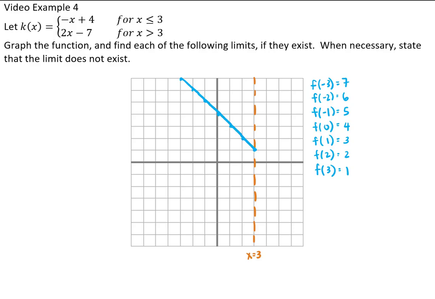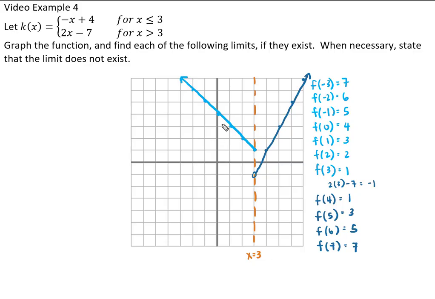Alright, and then let's go ahead and plug in the numbers on the other side of that boundary line. Notice that I don't say f of 3 again because there's only one f of 3, and that was the first equation, but I do want to plug 3 into that second equation to find out where to put my open circle. And then the rest of the points we'll go ahead and get graphed. Now you should be able to see that the limit of the blue graph when I'm approaching 3 is going to be this value 1.